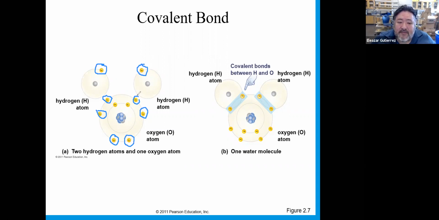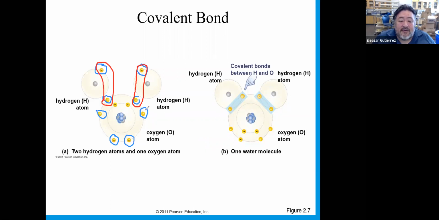So they come up to a compromise and they go, you know what? Let's share what we have. So what happens is that oxygen shares 1 electron with hydrogen over here, and then it shares 1 electron with this hydrogen over here. Okay?